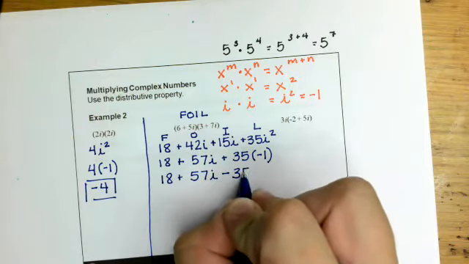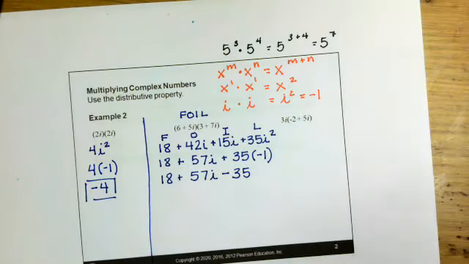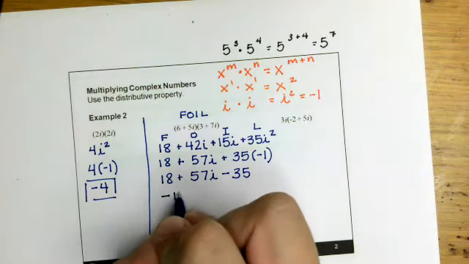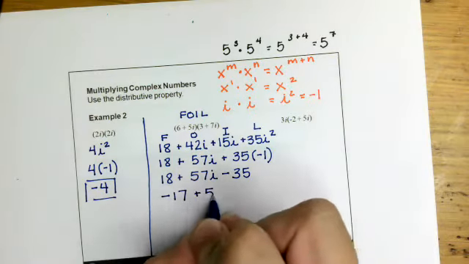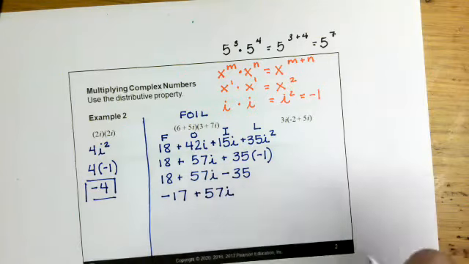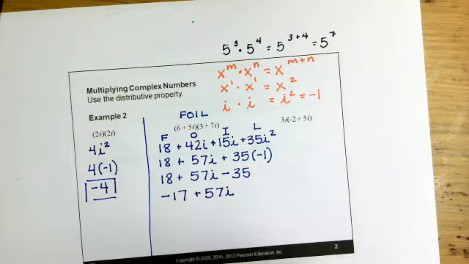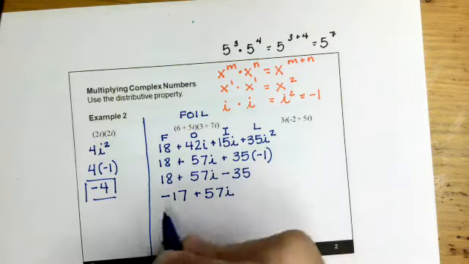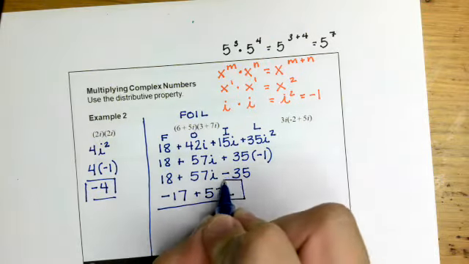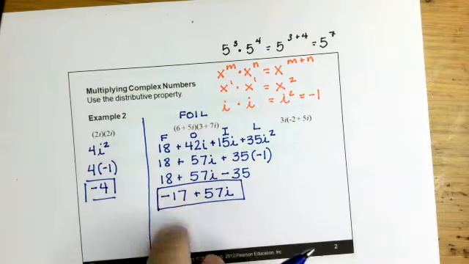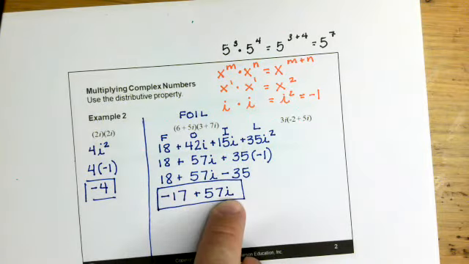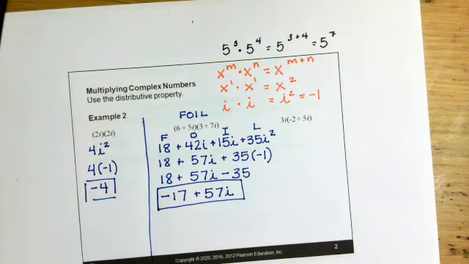Minus 35, because 35 times a -1 is -35. 18 minus 35 is -17. So my final answer is -17 plus 57i. Real number in front, imaginary number in the back. Okay.